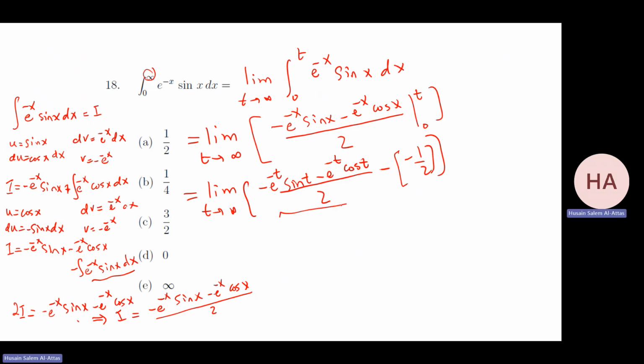Yeah, I need to find this limit. Let me do it here. The limit as t goes to infinity of e to the minus t times sine t plus cosine t. How to find this limit? It is 0.